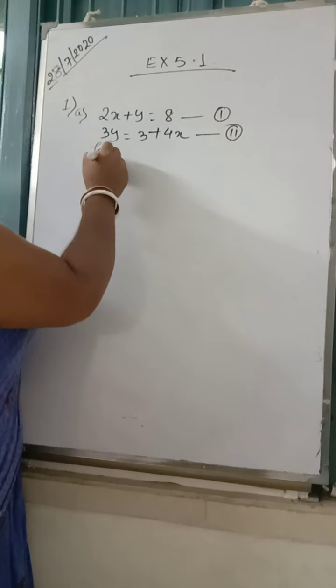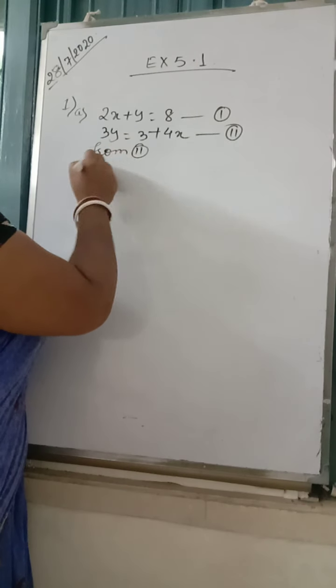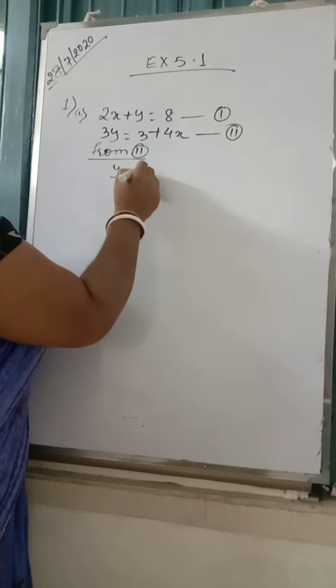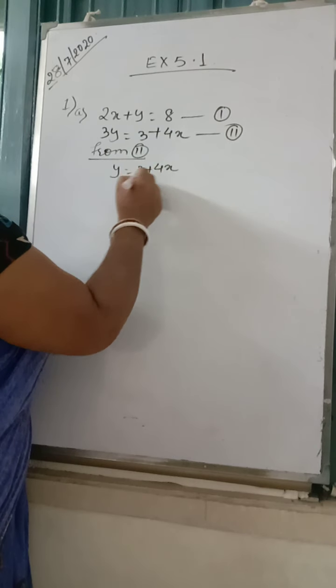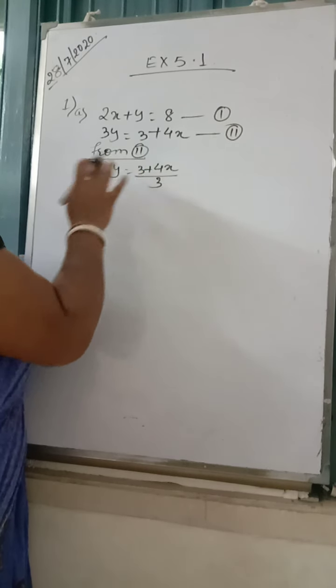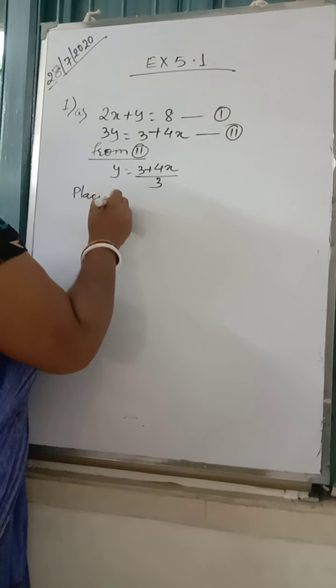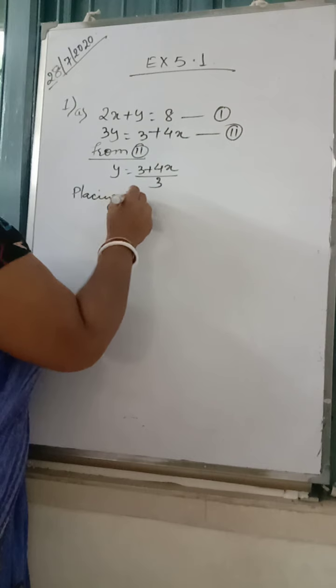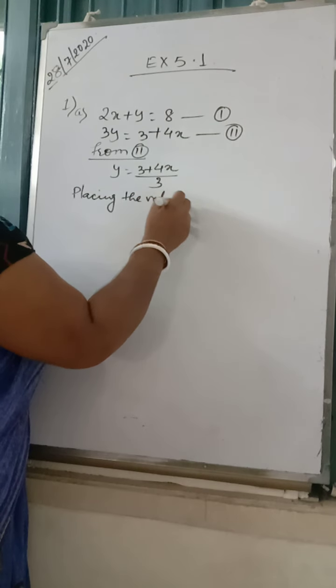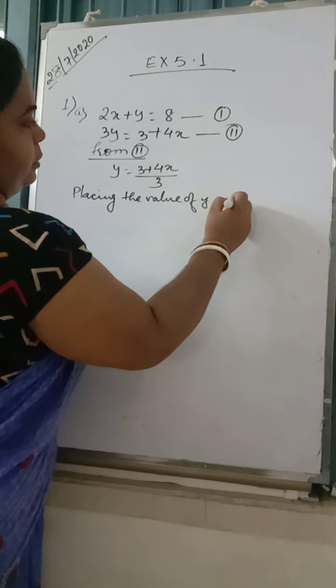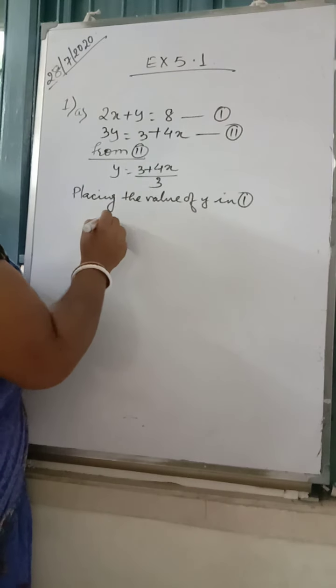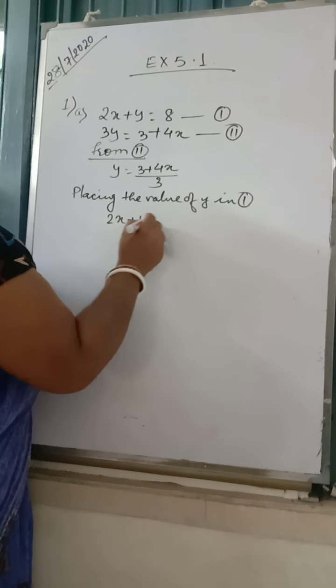So from 2 we can get the value of y. y is equal to (3 plus 4x) by 3. In terms of x we got the value of y. Placing the value of y in 1, it is given 2x plus y is 8.